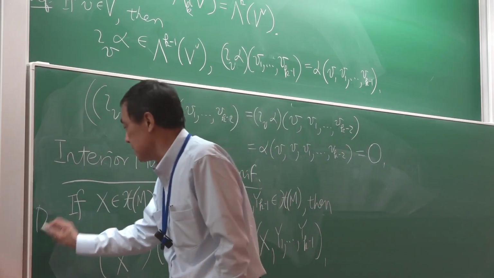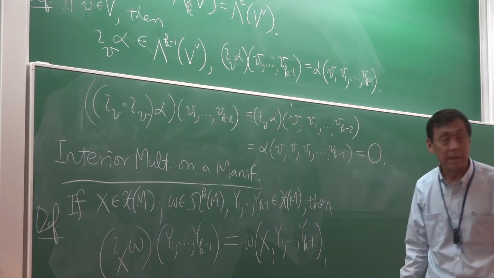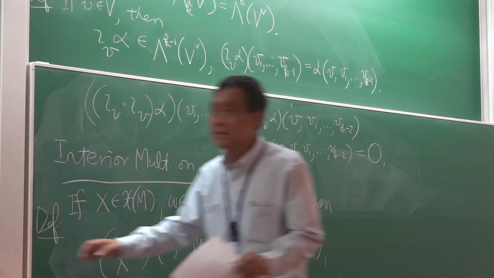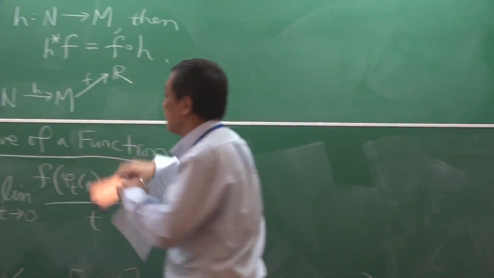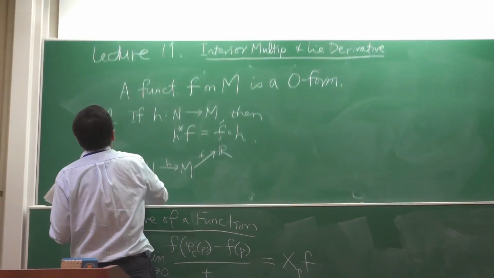So you can take this to be the definition of interior multiplication on a manifold. And now let's just make a list of all the properties of interior multiplication.